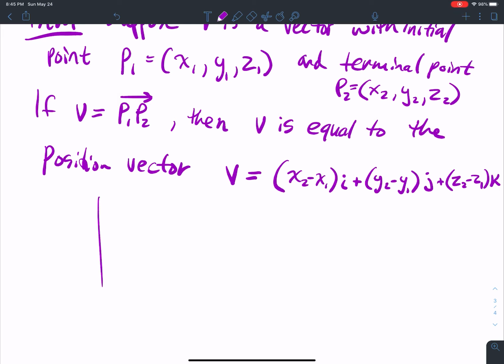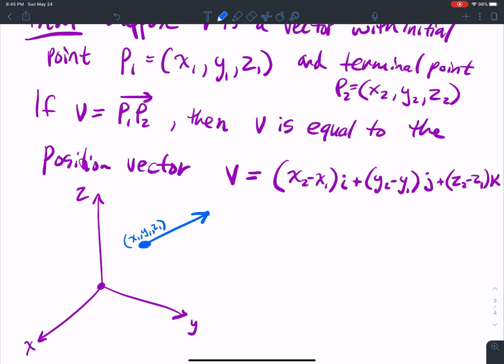So in a picture, what does this look like? So you have your x, your y, and your z. And say you have some x1, y1, z1 starting point here, okay?